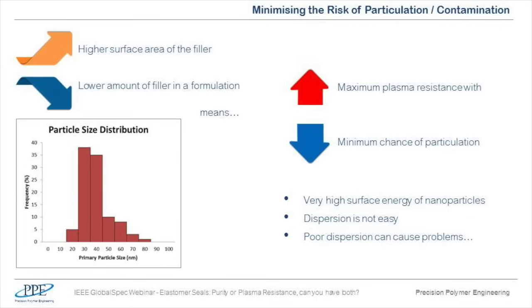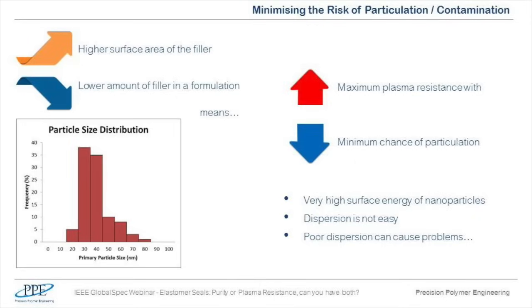So the larger the surface area of the fillers, usually the better the plasma resistance. The surface area of the fillers gets larger with smaller particle size, to maximize the shield area. In our formulations, we use smaller filler particles, therefore we need less filler in our formulations to provide better plasma resistance than the competitor material.